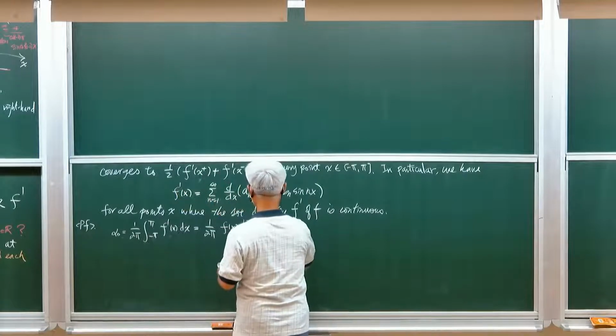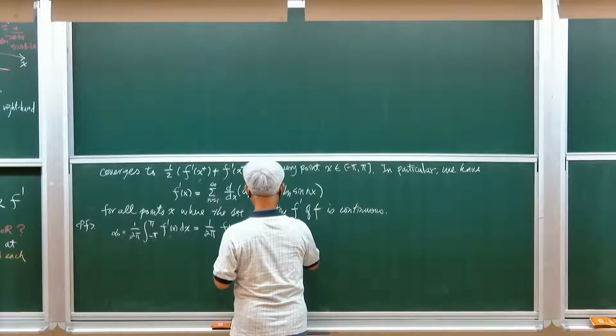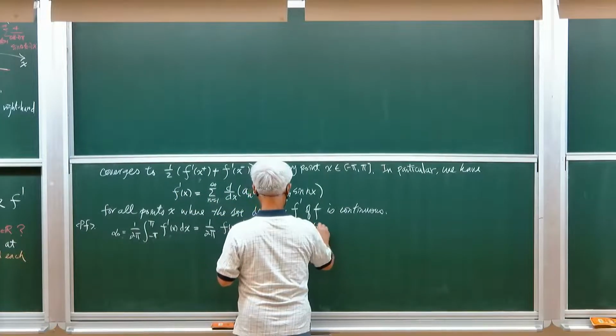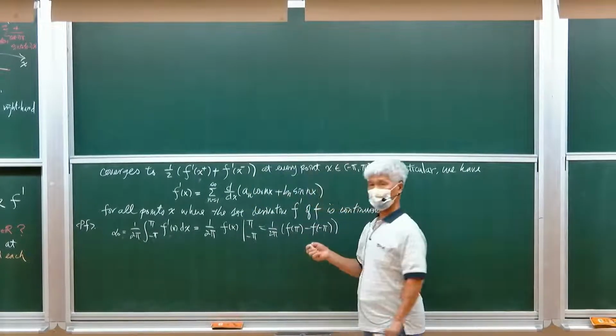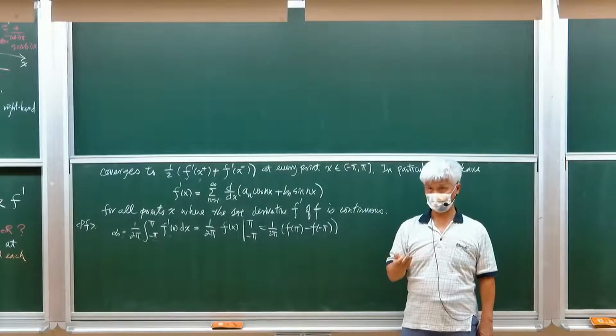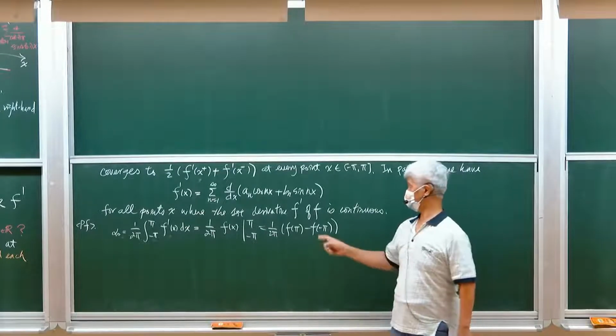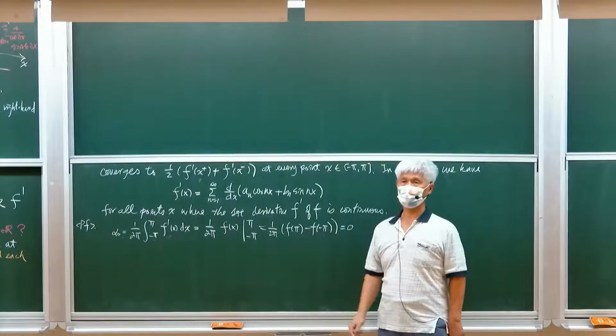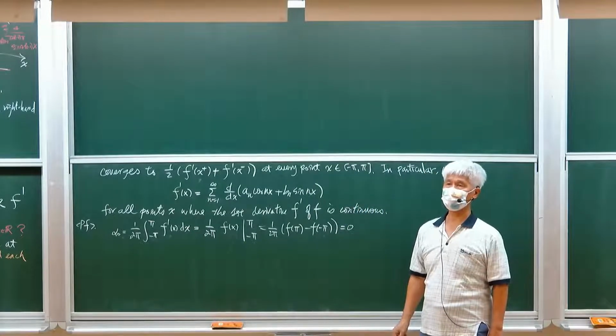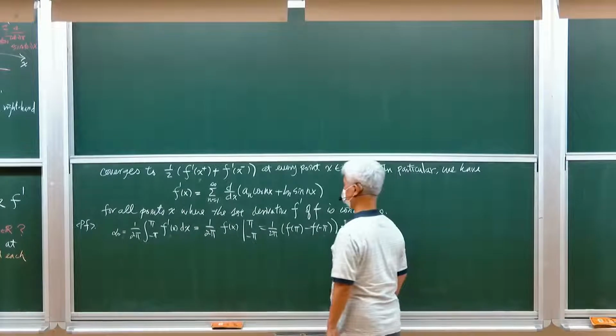So this is 1 over 2 pi times f of pi minus f of minus pi. But f is a periodic function with period 2 pi, so these two values are the same. So this is 0.